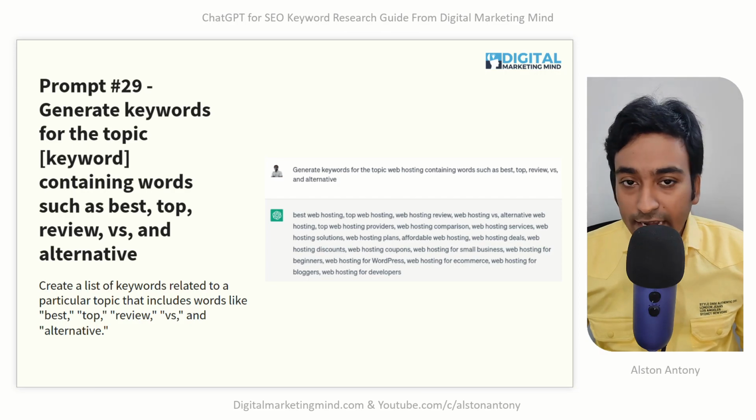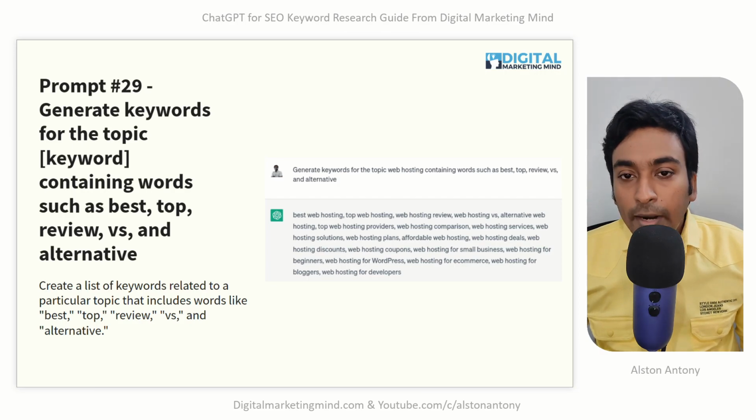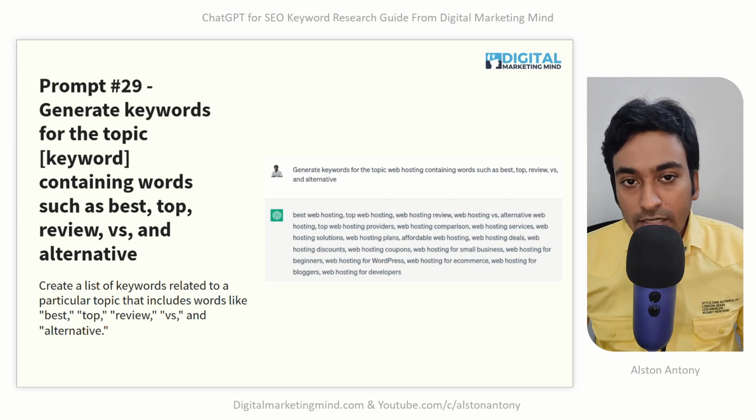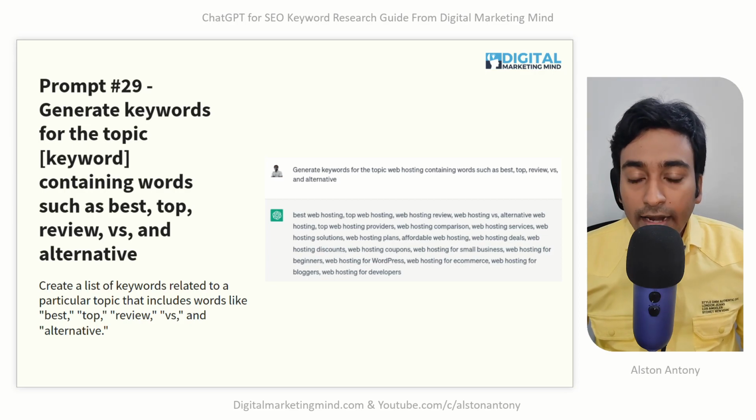So that's the reason I use these words specifically, but you can list any words which personally interest you or are relevant in your industry, give your target topic, and ChatGPT will generate keyword ideas based on the words and the keyword you have given.